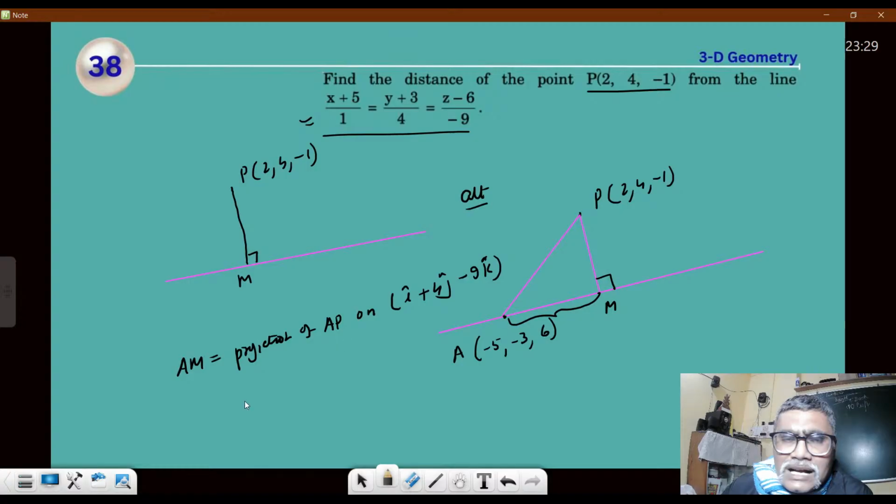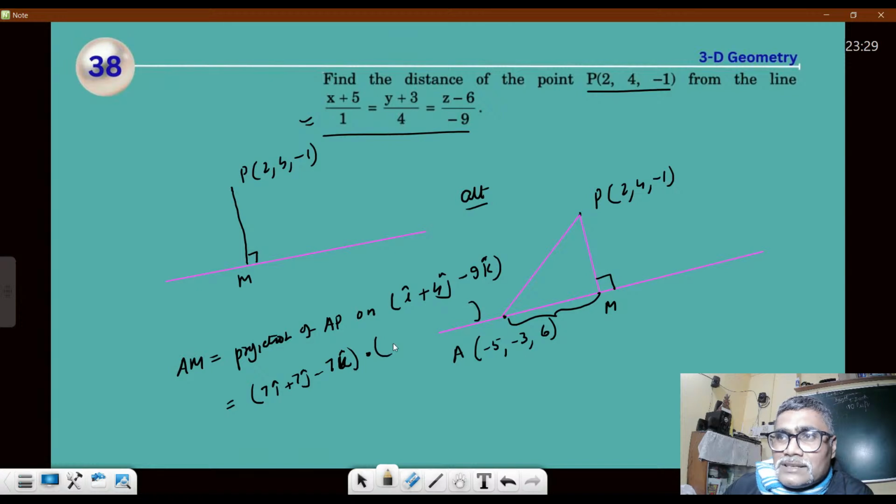How will AP be found? AP can also be found because you know the points. AP means 2 minus 5, that is 7i cap. Then 4 plus 3, this is 7j cap. And then minus 1 minus 6, that is minus 7k cap. Its projection on this.